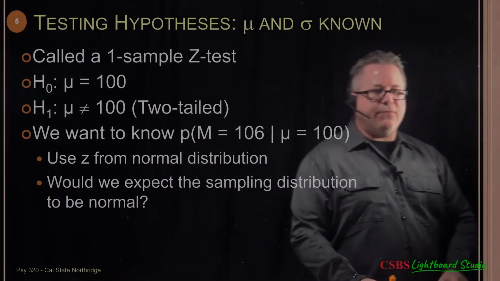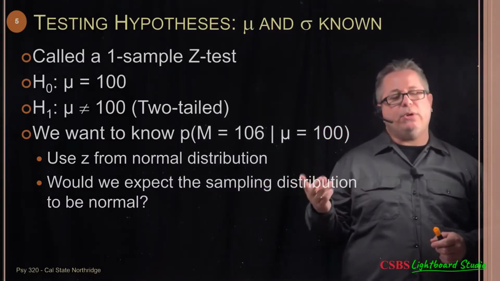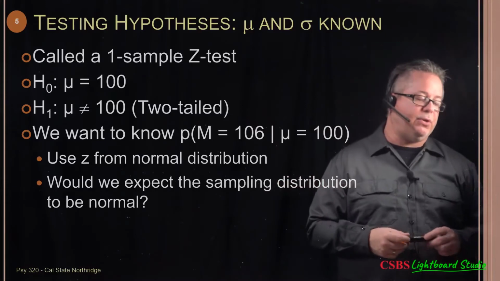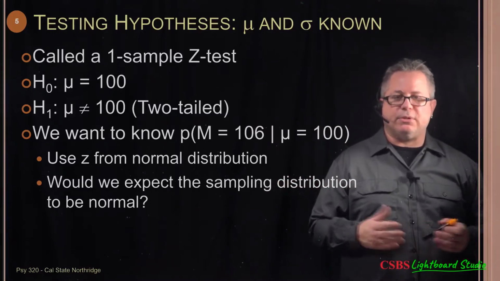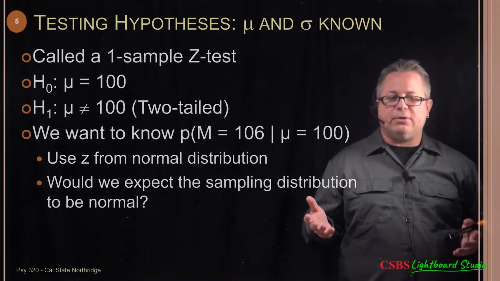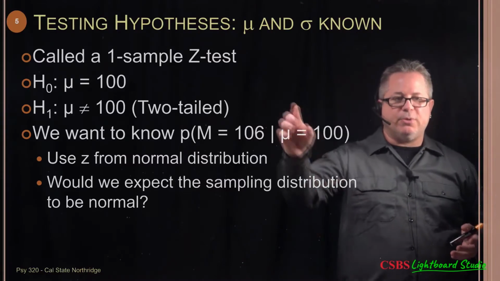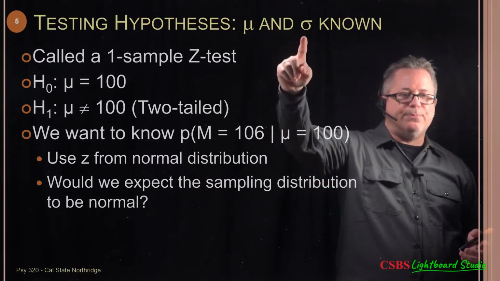If we're testing a hypothesis where the population mean is known, like it is with IQ, we know that IQ has a mean of 100 in the population, so that's something we do know. And we also know the standard deviation in the population. So we know both the mu and the sigma. Both of those things are known.